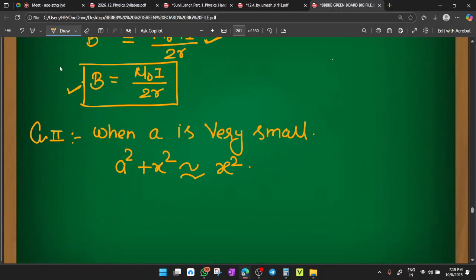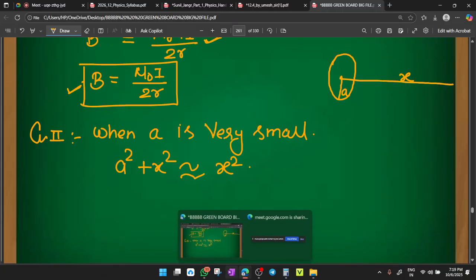You see, when the radius of the loop is very small in comparison to x, when a is very, very small, you can neglect a in comparison to x, and there will be only x square.